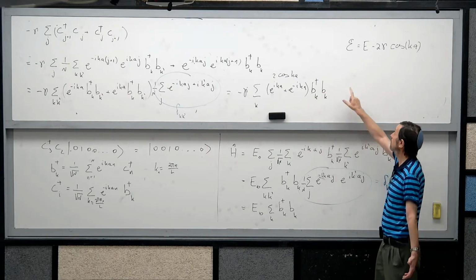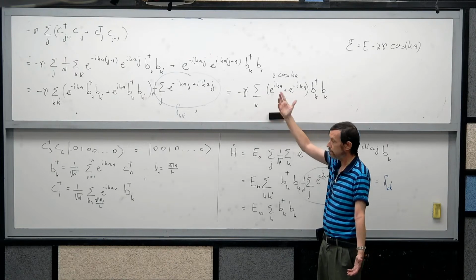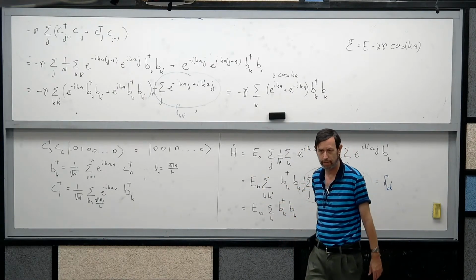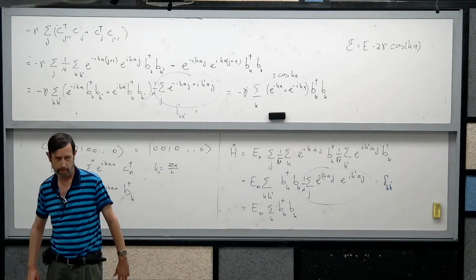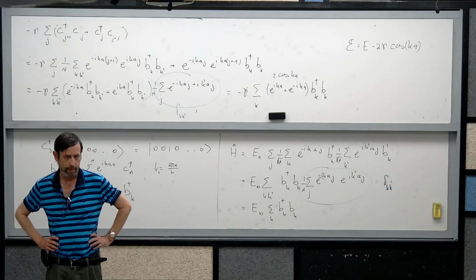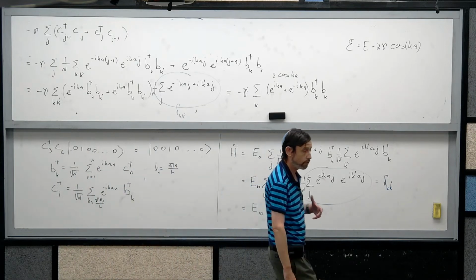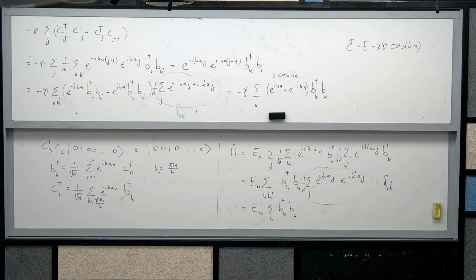And it's just this term, which is 2 cosine K, plus E0, which is the energy that we got from the perturbation. Right? And now my claim is, actually, you know it from the simple Schrödinger equation.